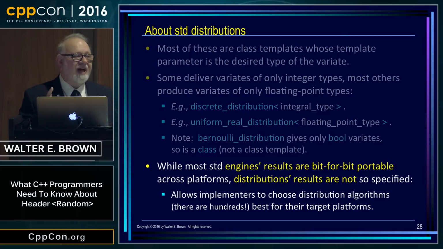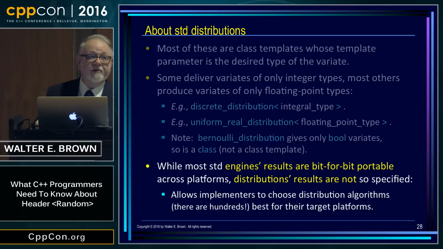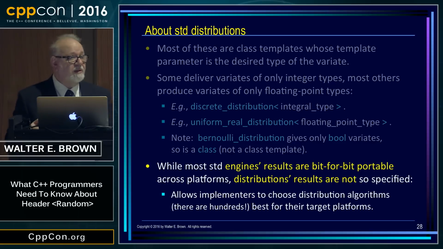You would be astonished at how many times corrections to ostensibly correct algorithms have been published in the literature. Okay? But the reason we didn't nail it down is we wanted to give implementers the freedom to make these kinds of choices based on what they know of their target platforms. Okay?